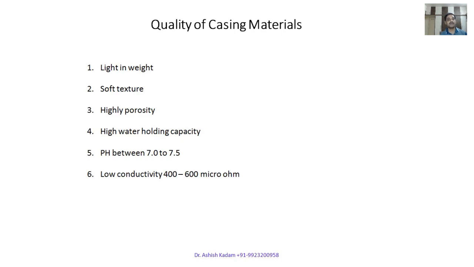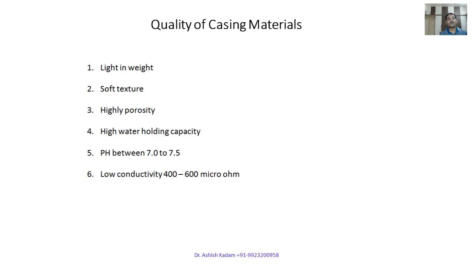For the vegetative growth of the mycelium, or for the fructification of the mycelium, there has to be a continuous supply of oxygen to the compost, and that will happen only if the casing is allowing the flow of air to the bottom of it. And that is why porosity is a very important parameter.